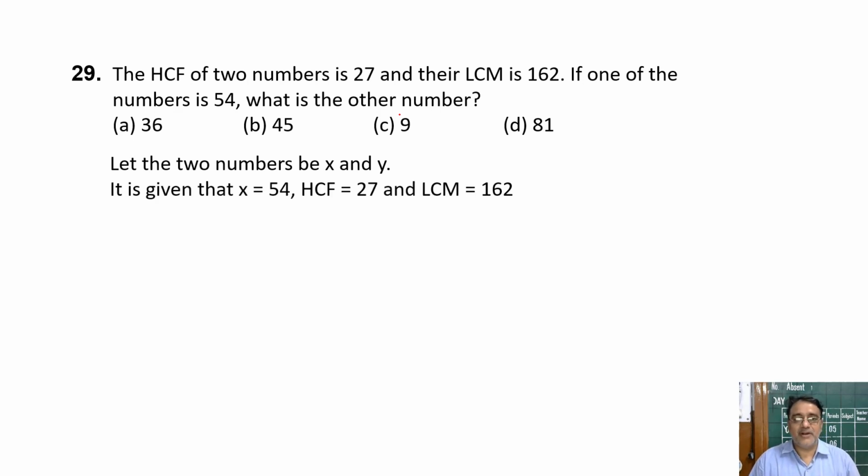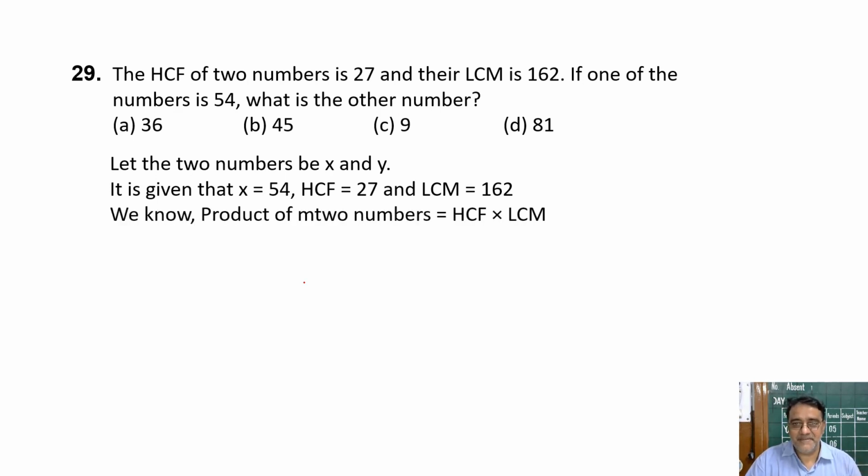And we know that the product of 2 numbers is equal to HCF into LCM, right? So x into y is equal to HCF into LCM. So we substitute 54, 27 and 162. Okay? So we divide 27 into 162 by 54 to get y.